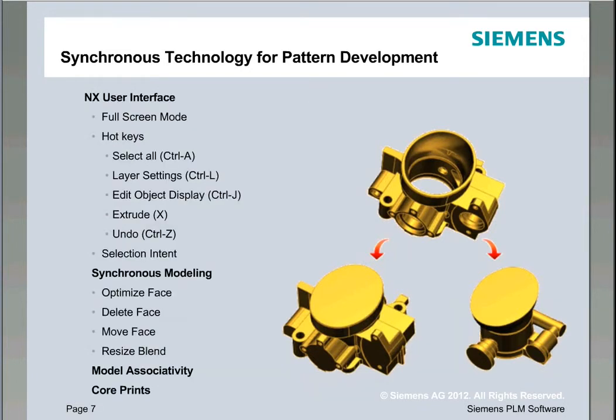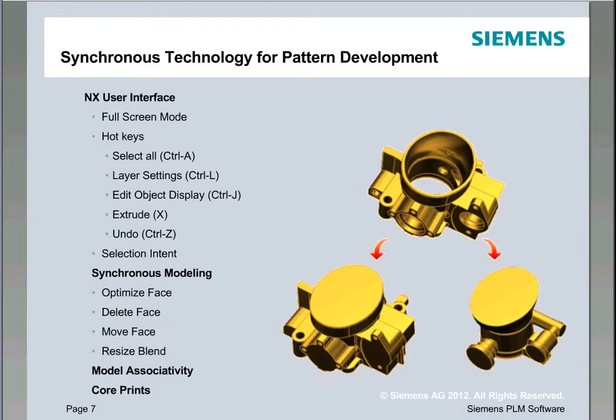I'll do a review for NX users and an overview for non-NX users on the NX user interface. I'll be working in full screen mode, and I'll explain that as we go along. I'll be using various hotkeys: Control A for select all, Control L for layer control, Control J for edit object display.